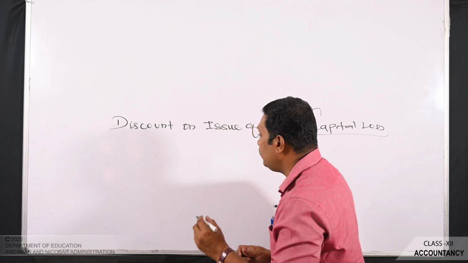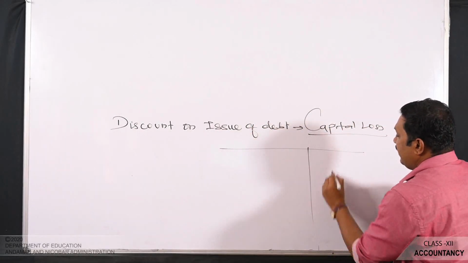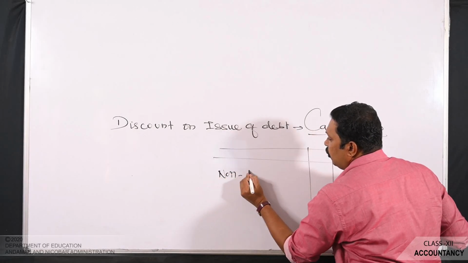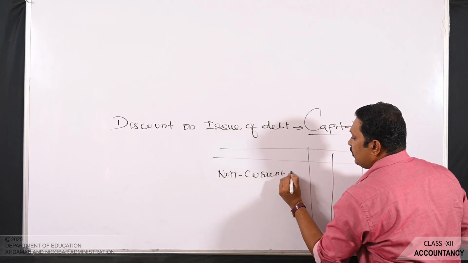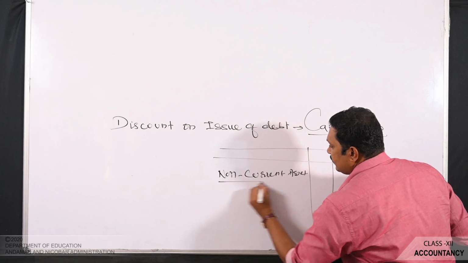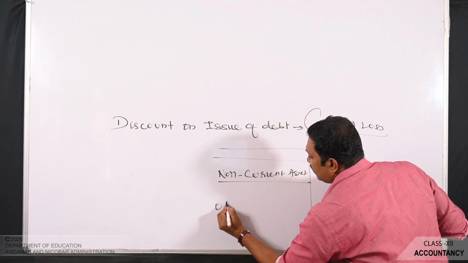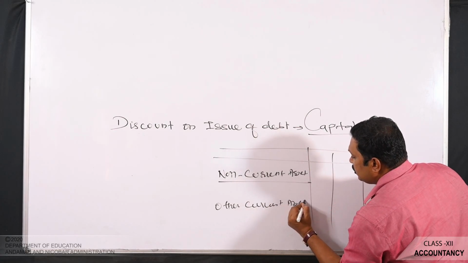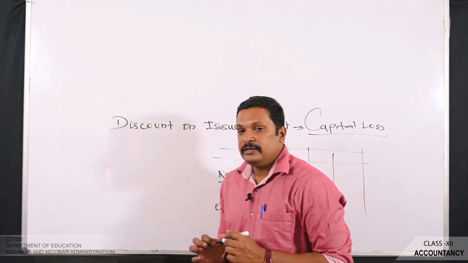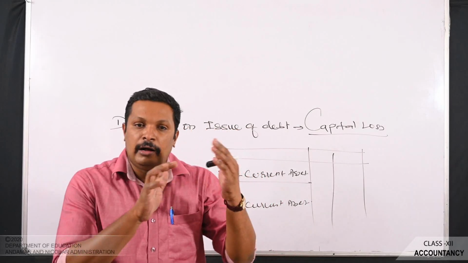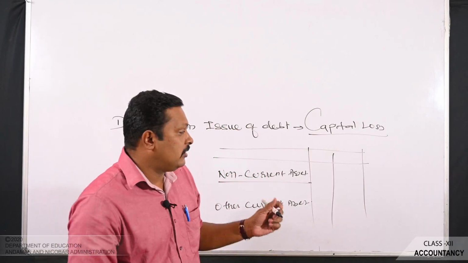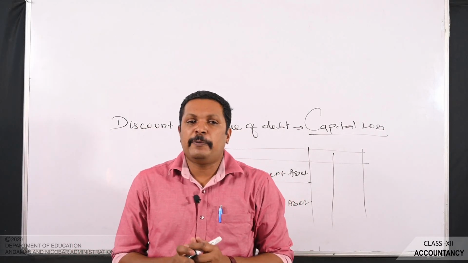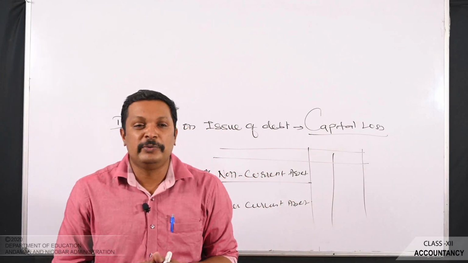We have to show it in the balance sheet under non-current asset or other current asset. So the discount on issue of debenture is shown in other non-current asset or other current asset. Right? It depends upon the time period in which it is to be written off.